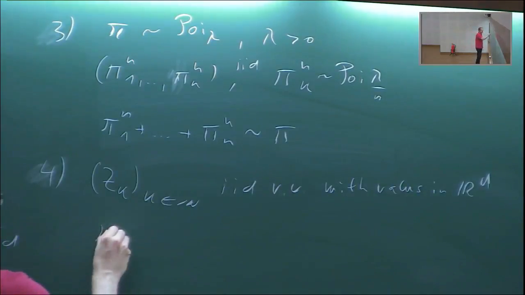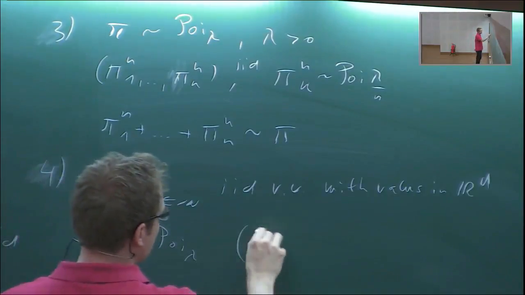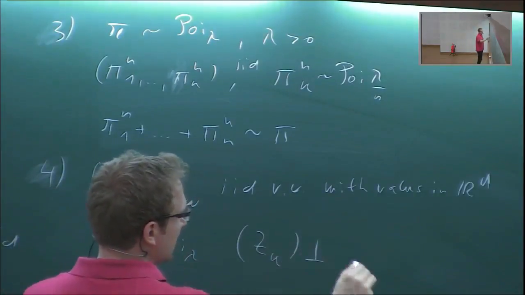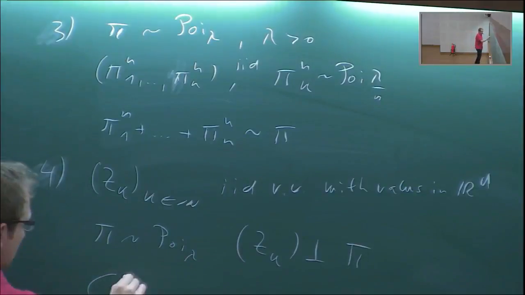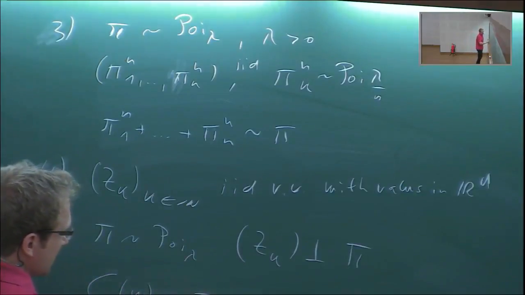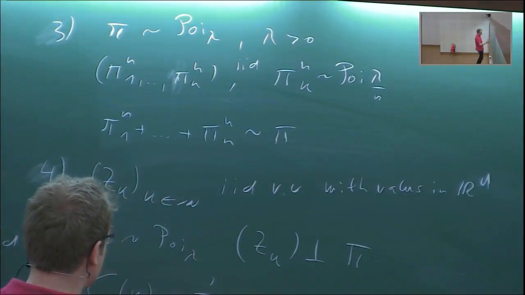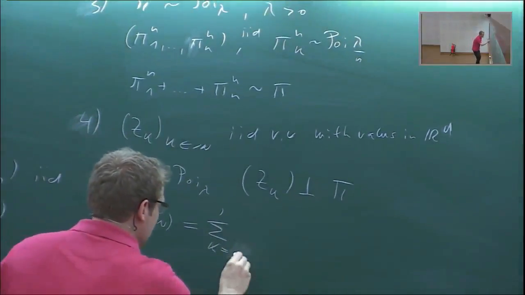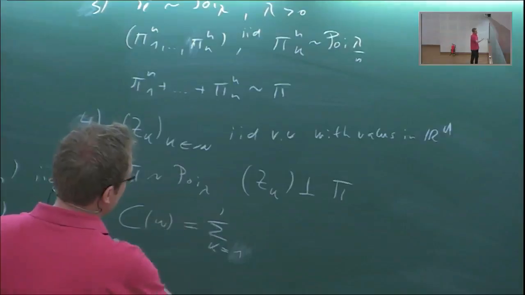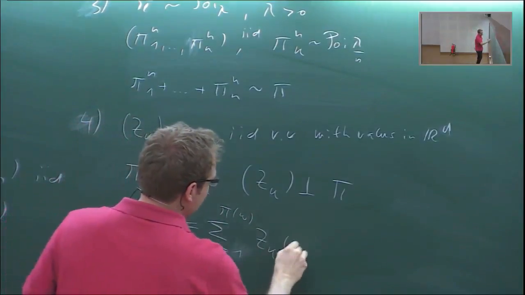And we have an independent Poisson random variable, so that the zeta k are independent of those. And we defined a new random variable, C of omega, summing up k from 1 till N of omega, of zeta k of omega. If it's 0, then there's nothing to be summed up.